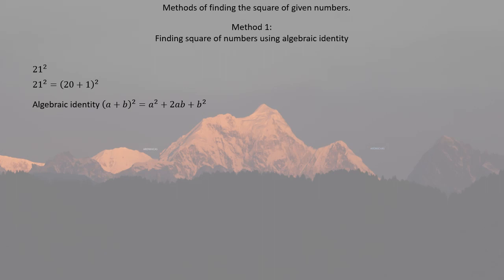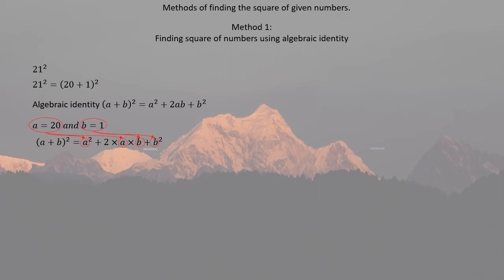So 20 plus 1 looks like a plus b. So here we have a equals 20 and b equals 1.